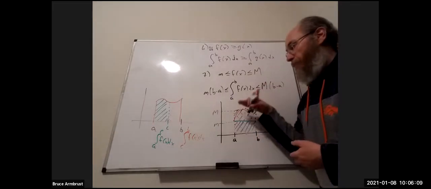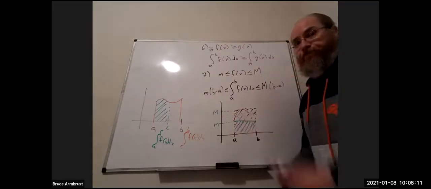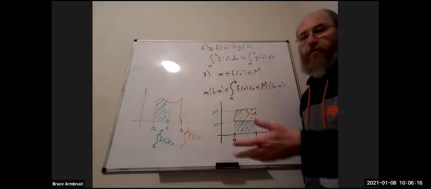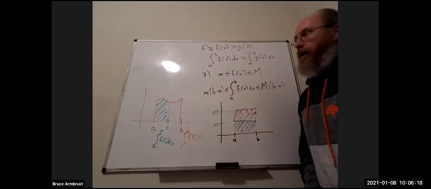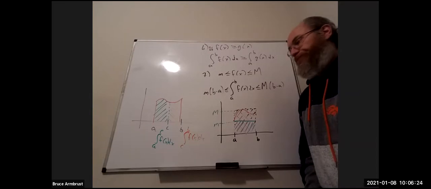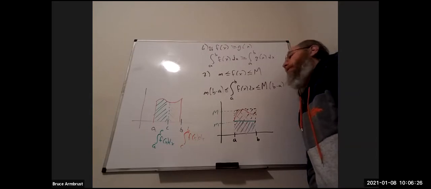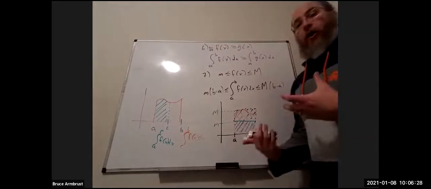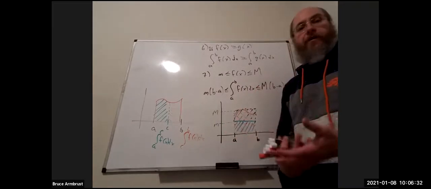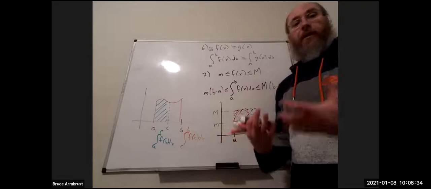You know a top number and a bottom number. You can refine it better, obviously, if you know that function, you can do the sum formula and all that. But we definitely are going to have bounds on an integral if we have bounds on the function.